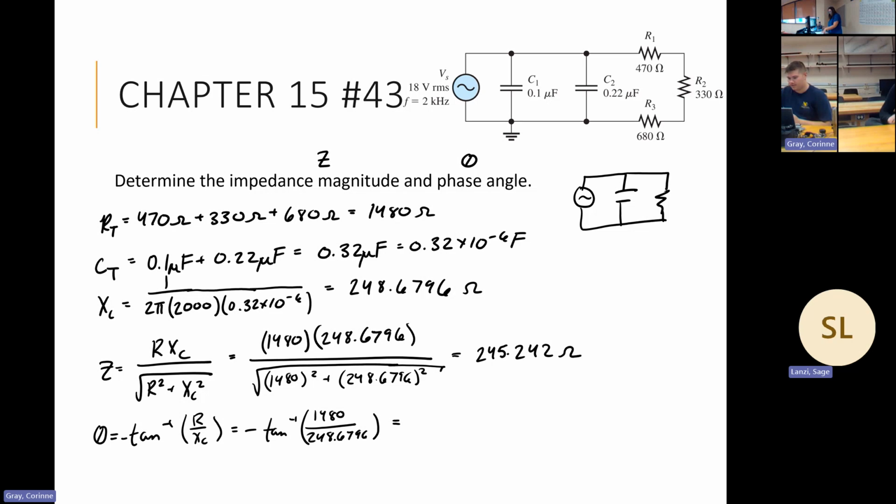When I took this and did it, I got negative 80.4619 degrees. Again, if I have my calculator in degrees, I need to indicate that my angle is in degrees. If I have it in radians, I either don't put the symbol there or I put rad for radians.